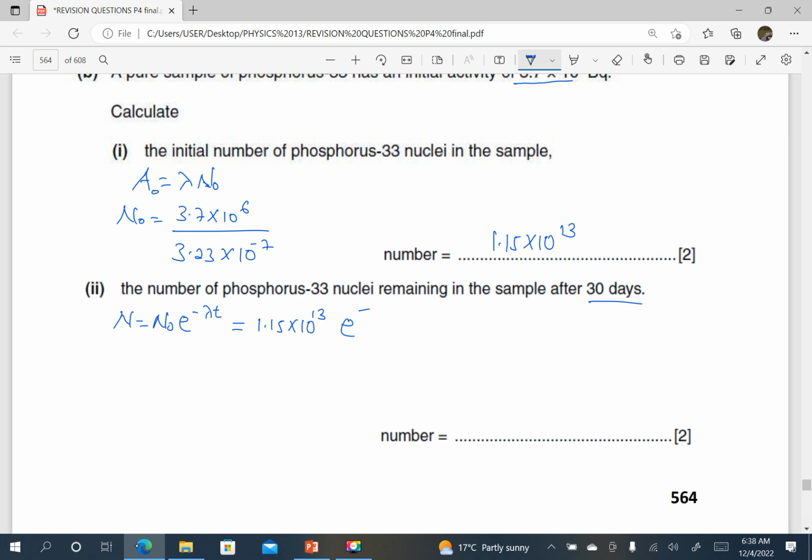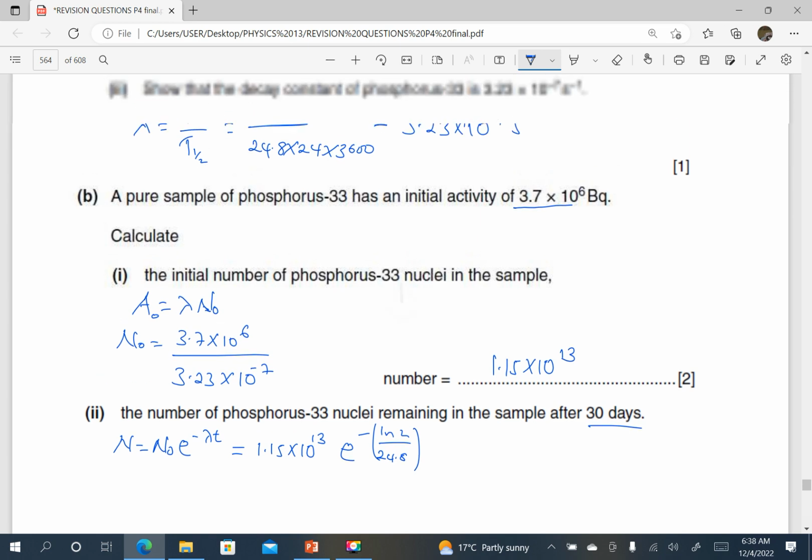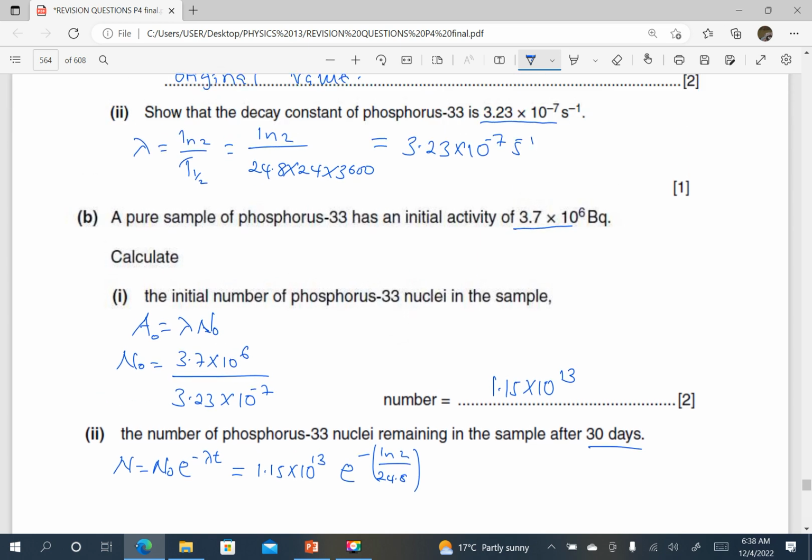Since we have time here in days and we were given the half-life in days, I'll just write this as ln of 2 divided by 24.8 in days. That was the half-life. Remember, decay constant is ln of 2 over half-life. I've just maintained half-life in days.